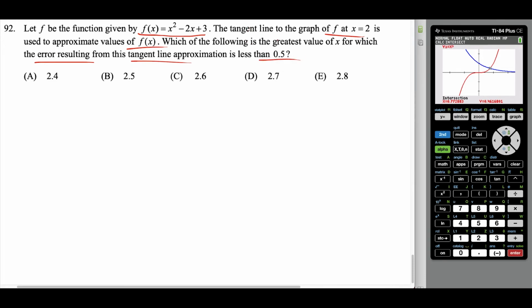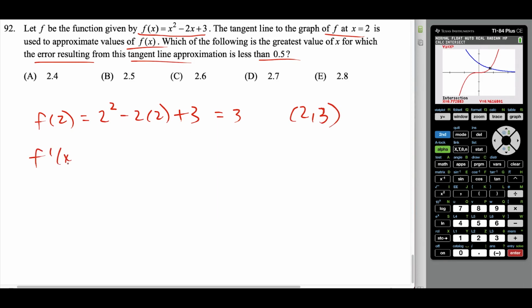So what I would do here is actually write the equation of a tangent line to this function at x equals 2. So I have to find f of 2, and this I could just plug in. It's not going to take too long. I have 2 squared minus 2 times 2 plus 3, which is equal to 3. So my point is 2 comma 3. Now f prime of x is equal to 2x minus 2.